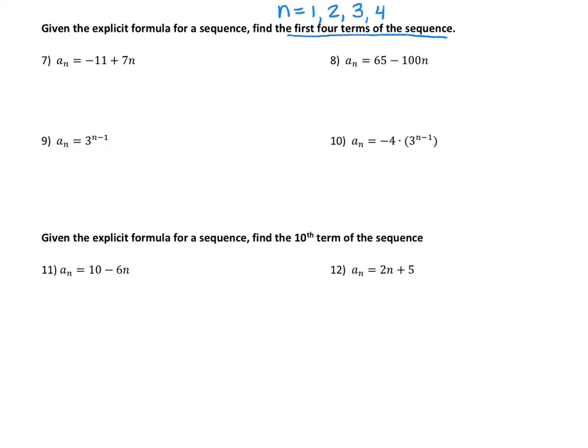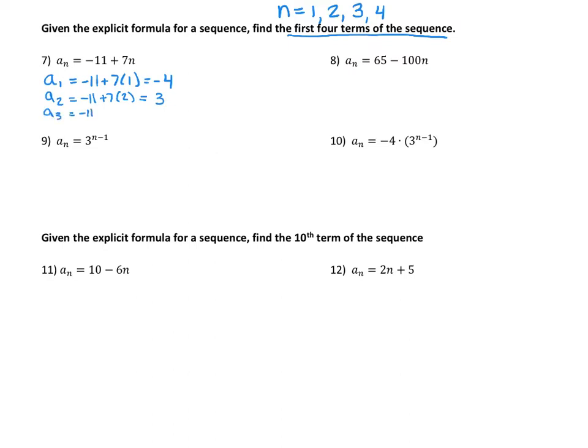So if I want to find term number 1, which we call A1, I'm going to replace this n with 1. And then I'm just going to type this in my calculator. So negative 11 plus 7 times 1 is negative 4. Then I'm going to do the same thing for A2. So A2, or term number 2, is negative 11 plus 7 times 2, which is 3.